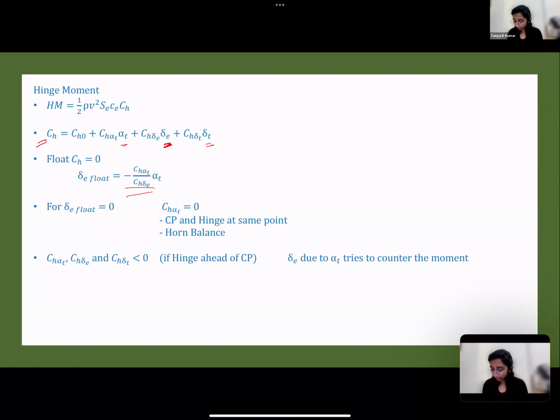Before that, these derivatives, CH alpha tail, CH delta E, CH delta T, are they positive or negative? Let's start with the first one, CH alpha tail.